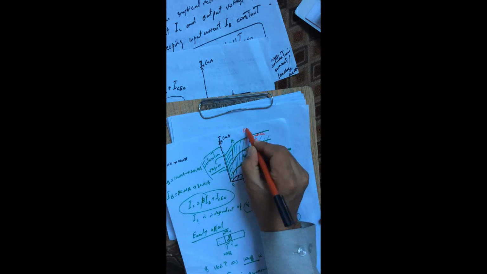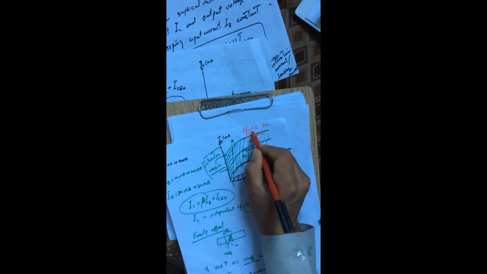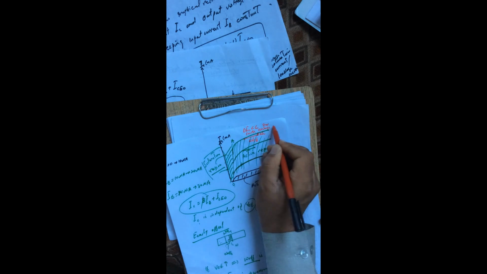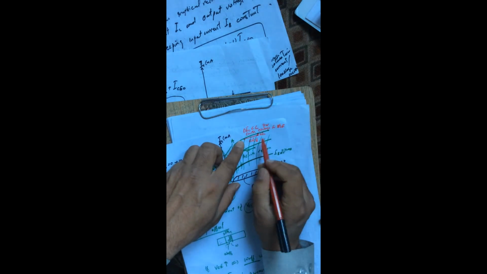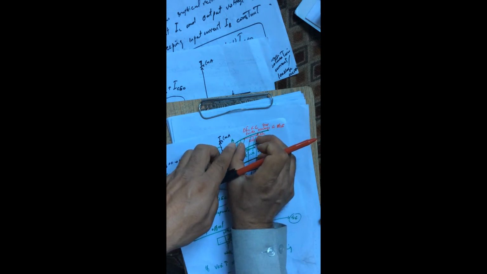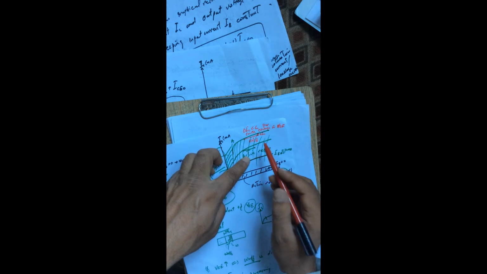So the change in IC is very small for a large change in VCE. If there is a small change in IC, it means that this quantity will be small. So this is all about common emitter output characteristics. In the next video, I will discuss the common collector configuration of a transistor. Thank you.